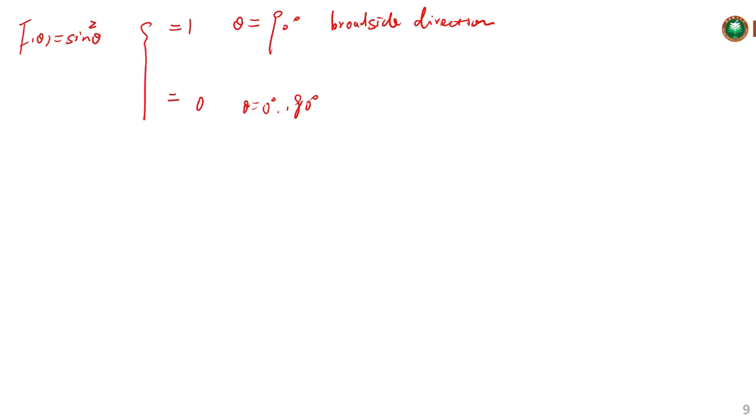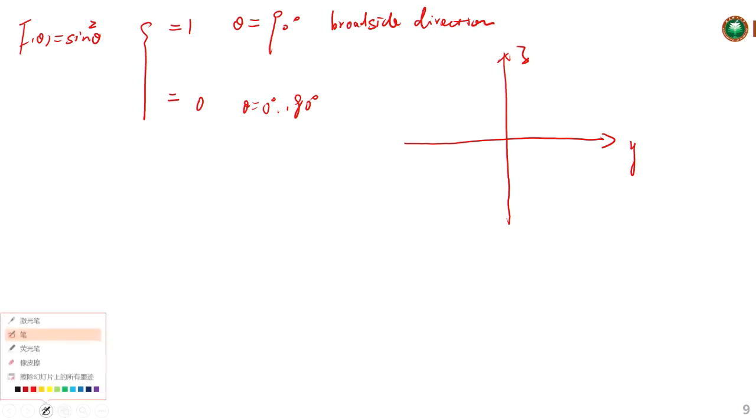So if we take it as a Cartesian coordinate system, two-dimensional, here this side is the y-axis, and this side is the theta axis. The zenith angle here is theta, right?